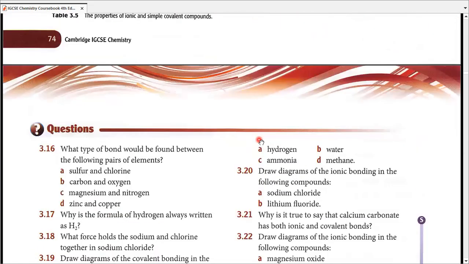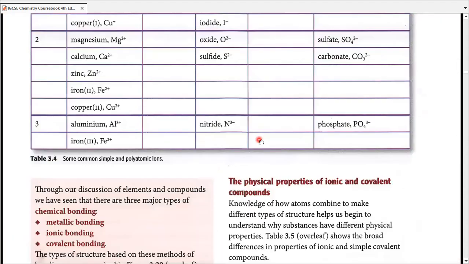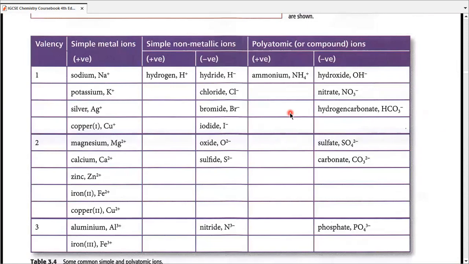Let me tell you that you can notice the same thing if you go a few pages back to the table of polyatomic ions. See something over here? You might not have noticed, or if you noticed, we never spoke about it because we were quickly going through it. It's not hydrogen, it's hydride, not chlorine, chloride, not bromine, bromide, not iodine, iodide, not oxygen, oxide, not sulfur, sulfide, not nitrogen, nitride.